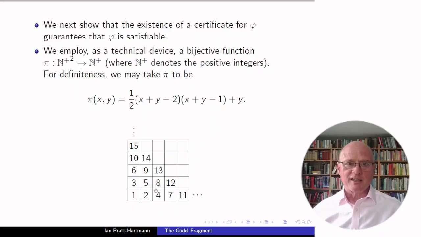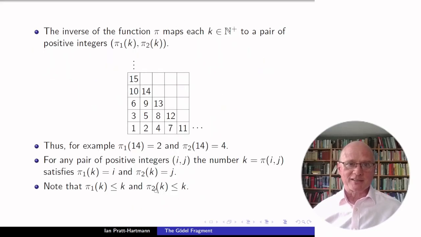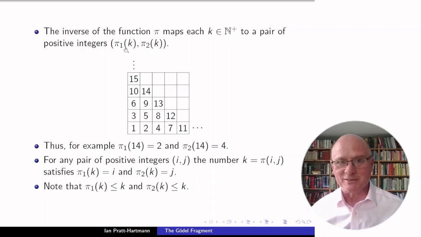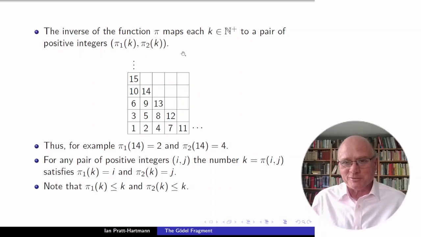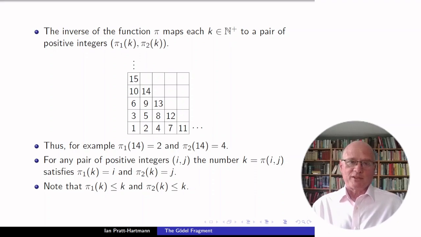Because it's a bijection, of course it has an inverse. So for each positive integer k, there are functions pi1 and pi2 such that pi1 of k and pi2 of k give you the numbers x and y such that pi of x and y is equal to k. They're just the inverses.